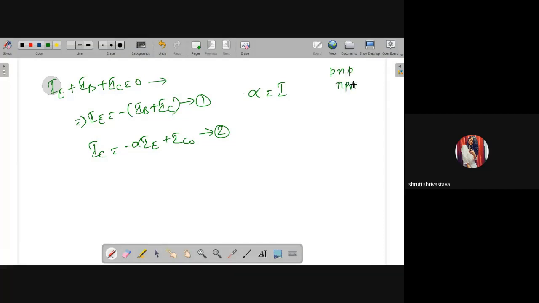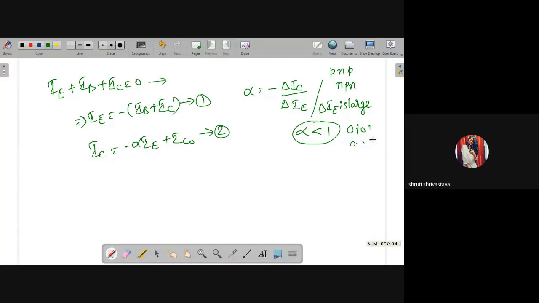Alpha is nothing but your large signal current gain, given by the negative of change in collector current to the negative of change in emitter current, assuming that the change in emitter current is very large.